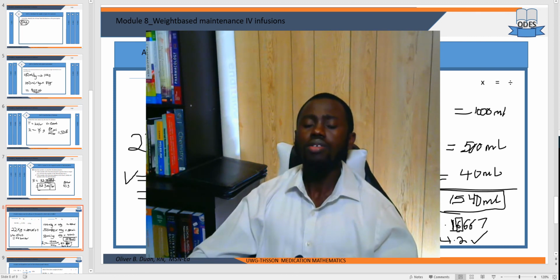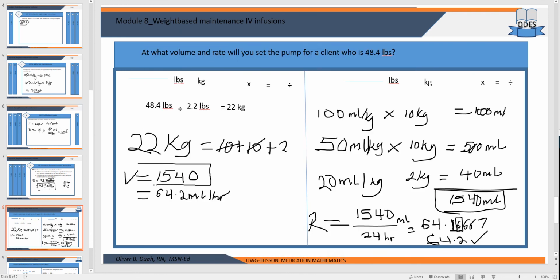And so when you are programming the pump, instead of this overall 24-hour volume, you are going to make sure that you use the 500 ml bag that you have in supply, or the 1000 cc bag that you have in supply as your volume.